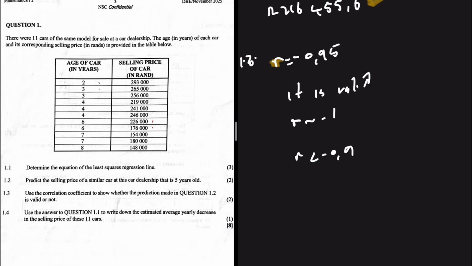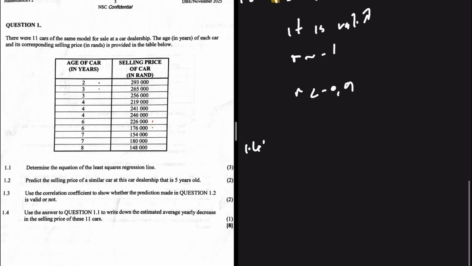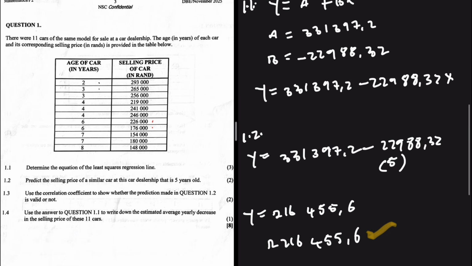1.4, use the answer to question 1.1 to write down the estimated average yearly decrease in the selling price of these cars. So let's come back to the equation. It says write down the estimated average yearly decrease in the selling price of these 11 cars. What comes to your mind when you hear about average?